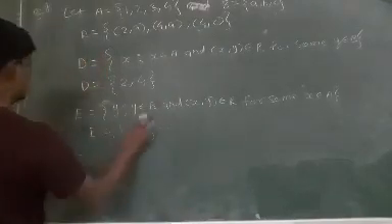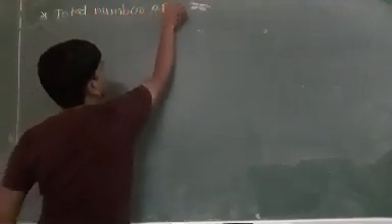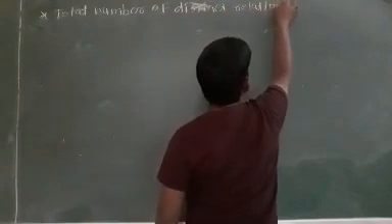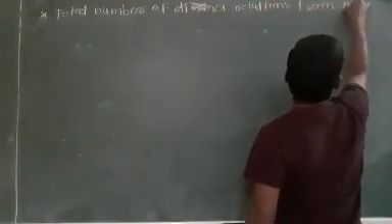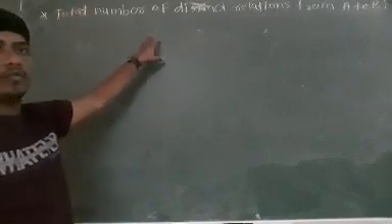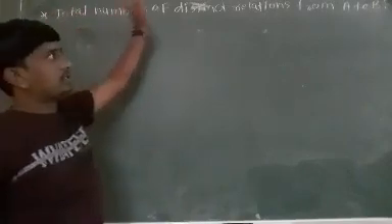Now we have to see the total number of distinct relations from set A to B. If A and B are two sets with finite cardinality, what is the total number of distinct relations from A to B?